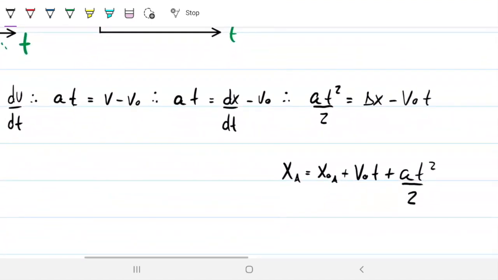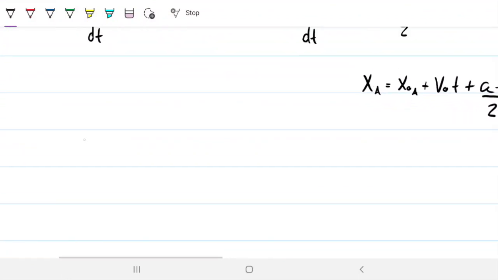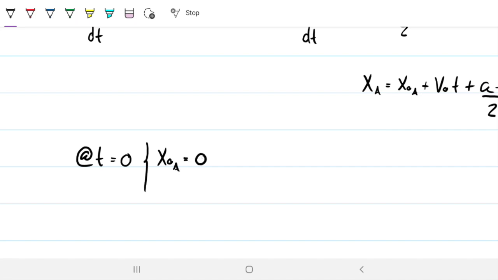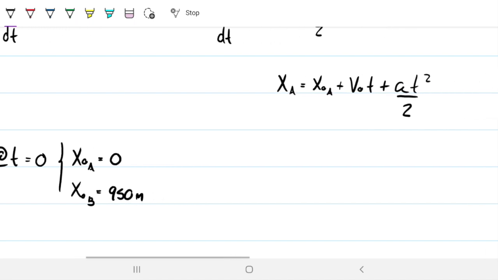And if it's right on the origin, that means, mathematically, that at time equals 0, before they start moving, the x naught position of A is 0, and the x naught position of B is 950, because they're 950 meters apart, right?